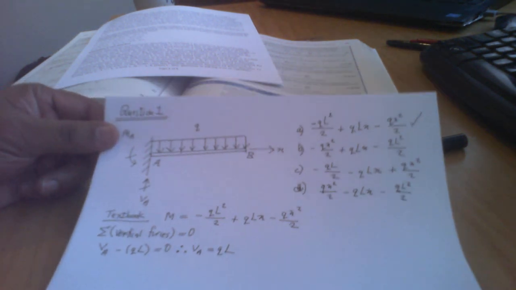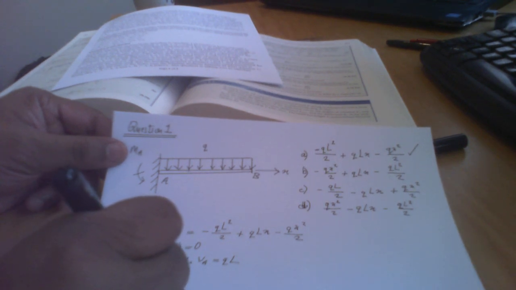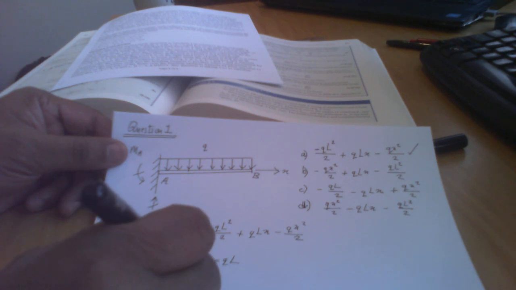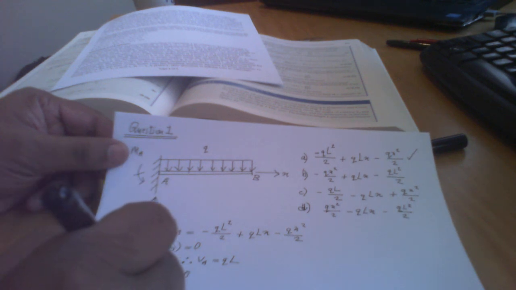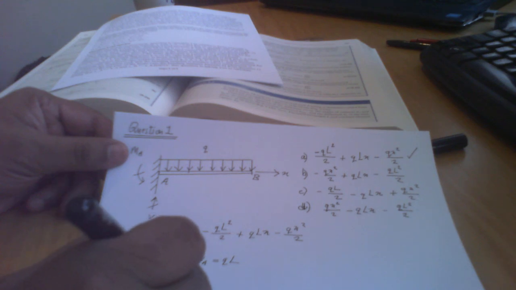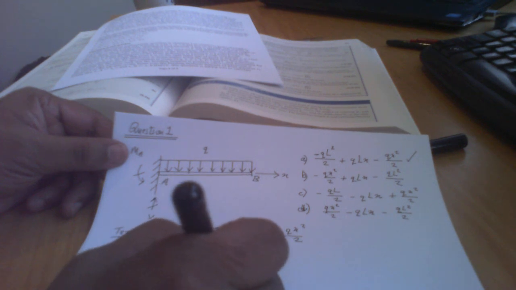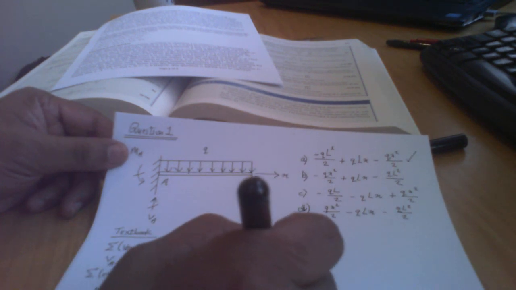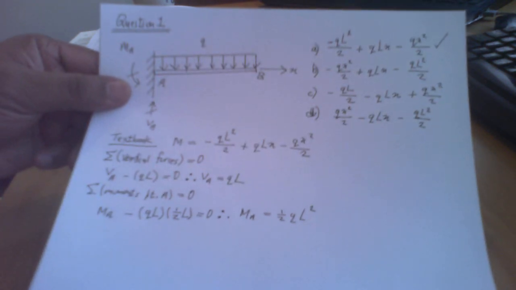Equilibrium of vertical forces, sum of moments at point A is 0. Using the sign convention specified in the question.